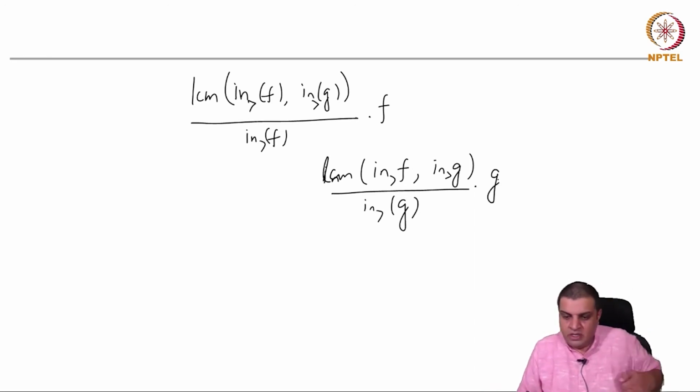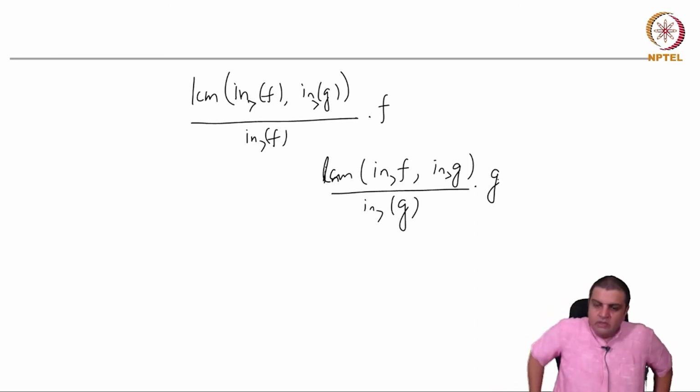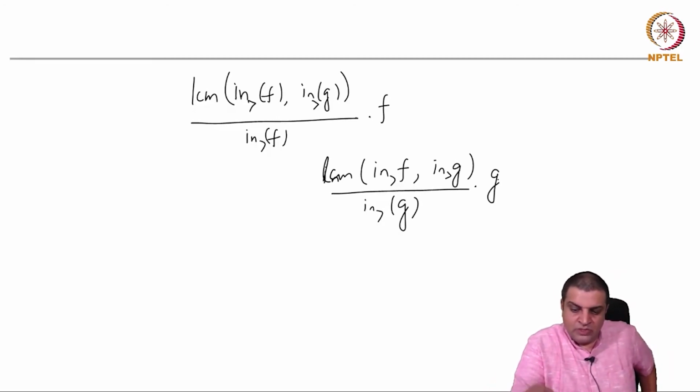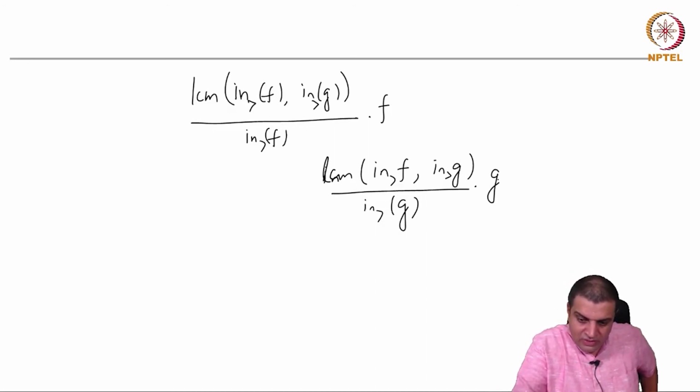Now, if we notice, both of these things have the same initial term, which is the LCM. That is precisely why we took the LCM, divided by the initial term, and multiplied by f. First of all, this is a monomial, and when you multiply that monomial to f, the initial term gets multiplied by this monomial.